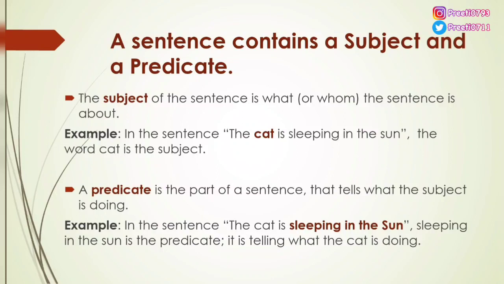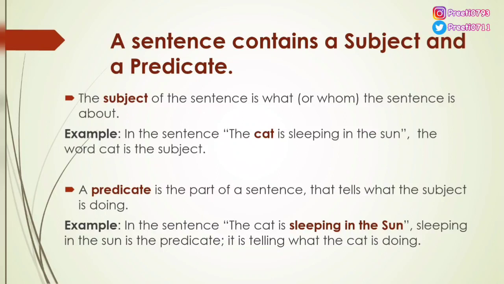Further talking about the predicate, it says that the predicate is the part of a sentence that tells what the subject is doing. Look at the sentence again. The cat is sleeping in the sun. Now who is the subject here? Cat is the subject. And what is the cat doing here? The cat is sleeping in the sun.